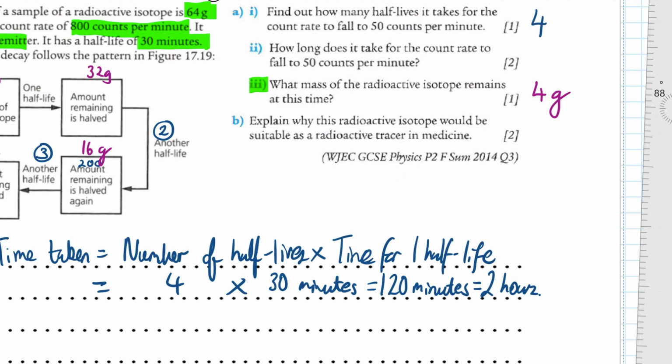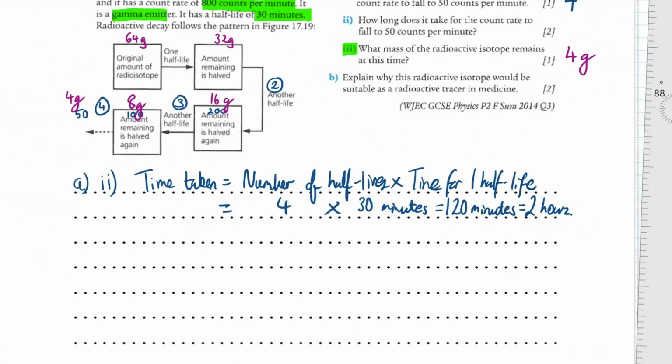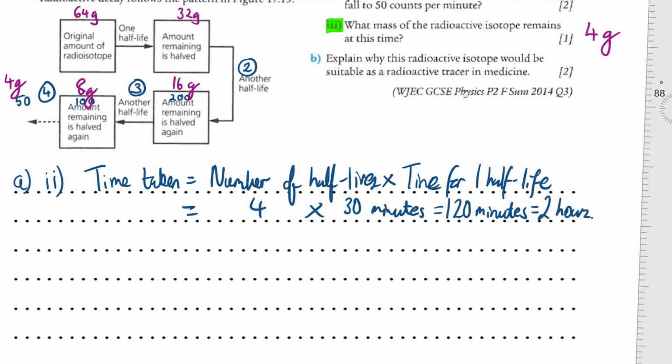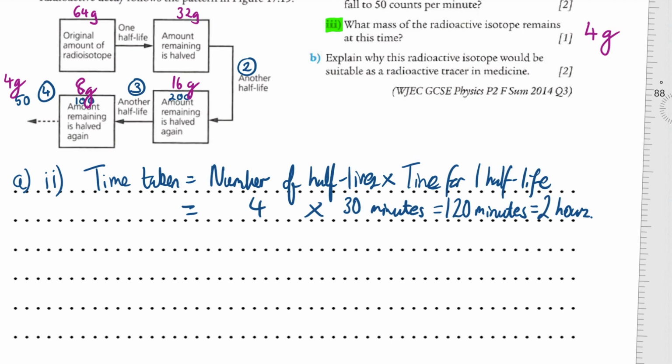And then part B, explain why this radioactive isotope would be suitable as a tracer in medicine. What you need for a tracer in medicine is a short half-life, 30 minutes, and a gamma emitter so that it can be measured outside the body. Alpha and beta wouldn't move from inside the body outside the body, wouldn't penetrate through. So let's just write down that explanation, part B. I'll just put down the key words.